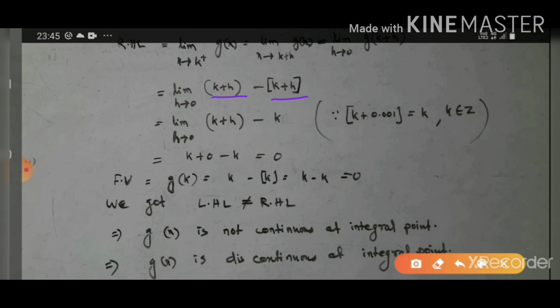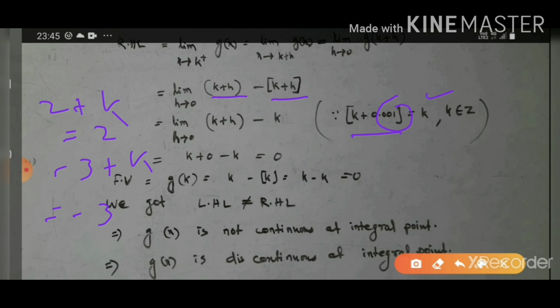What is the value of the greatest integer of k plus h? Here h is a very small positive number, say 0.001. If you add it to 2, the number is slightly more than 2, so the integer is 2. Likewise, minus 3 plus a small number is minus 2.99, whose greatest integer is minus 3.